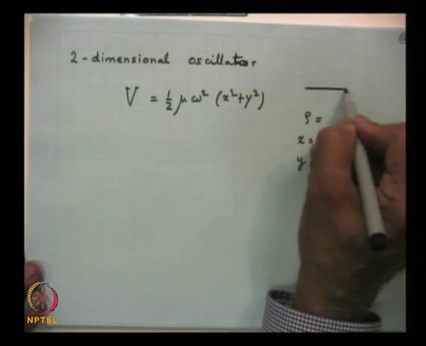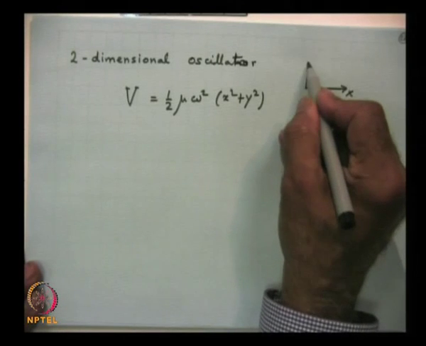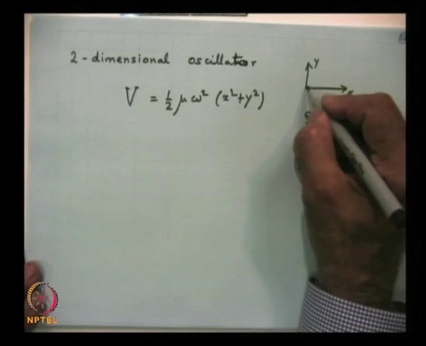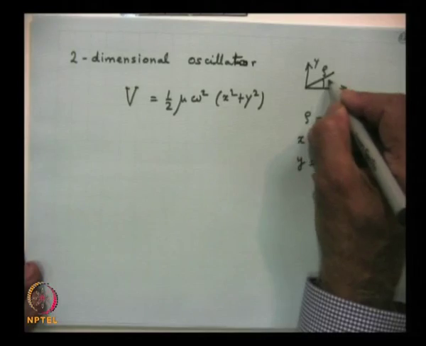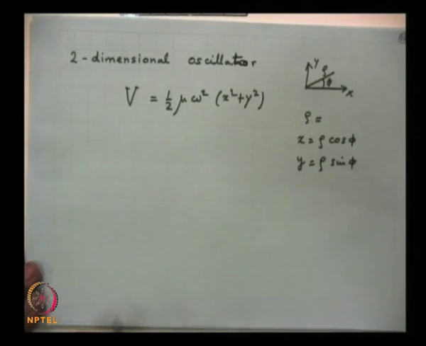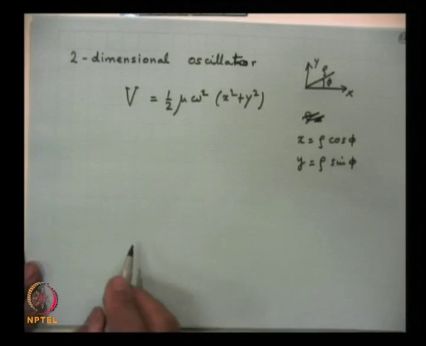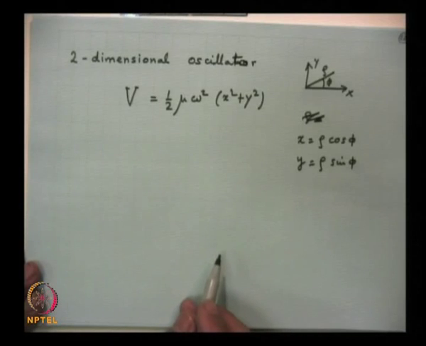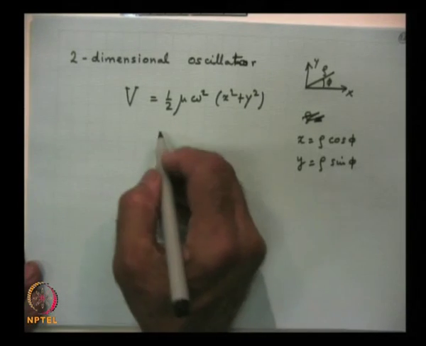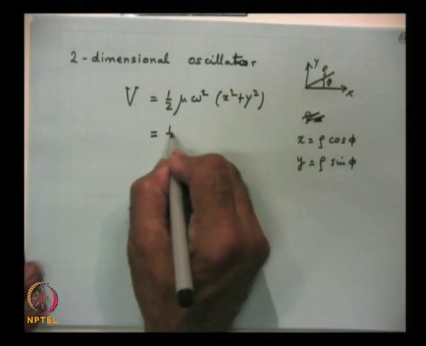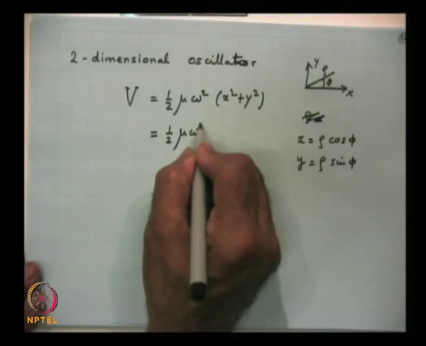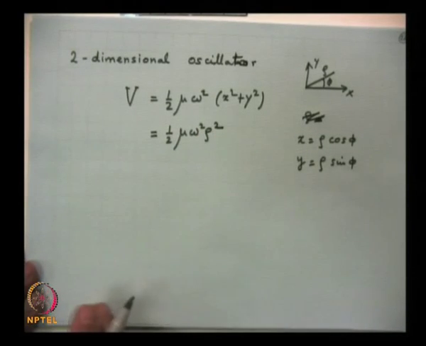So, you have here x, y two-dimensional, and this is my rho and this is the angle phi. These are known as the circular coordinates. If I take rho and phi as my coordinate system, then I can write this as half mu omega square rho square.